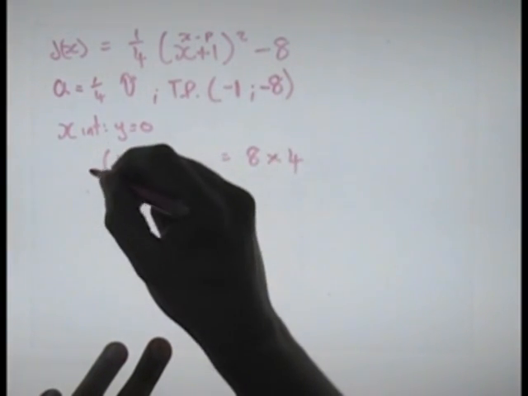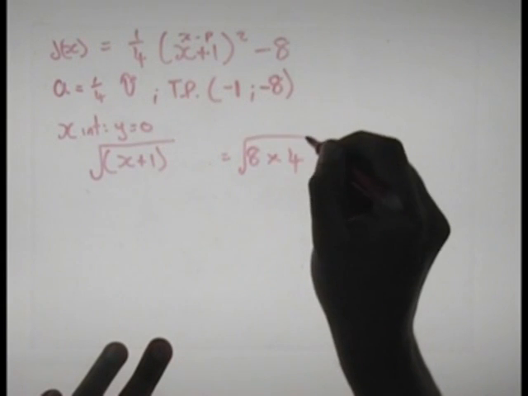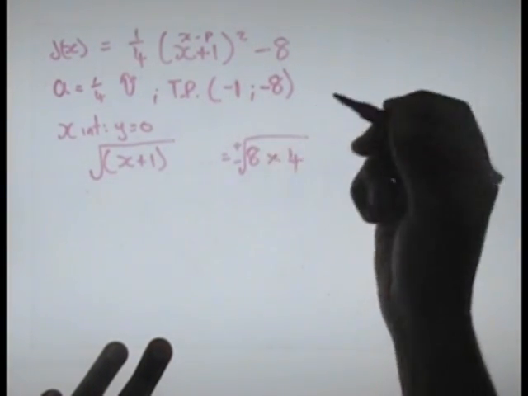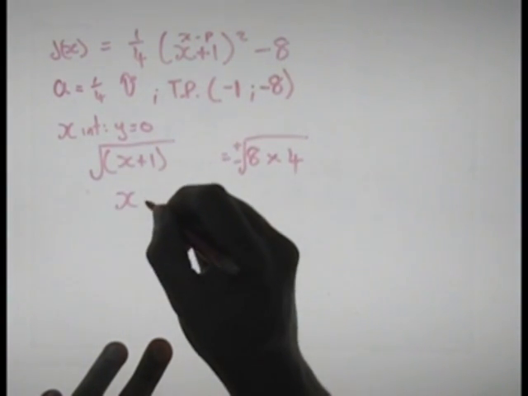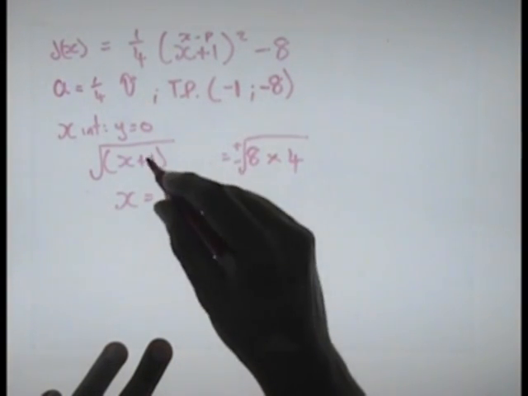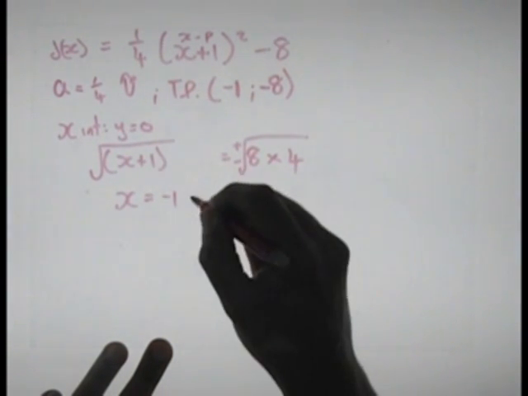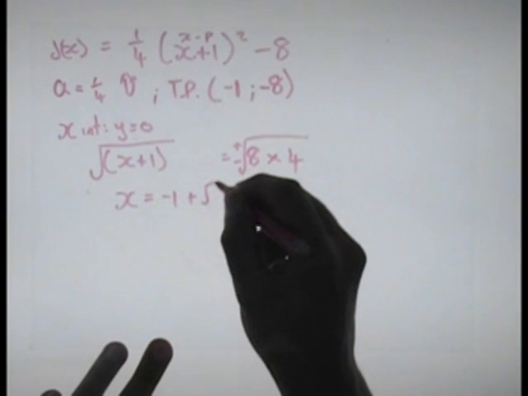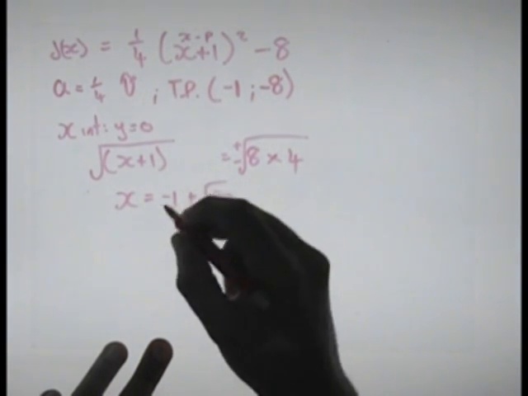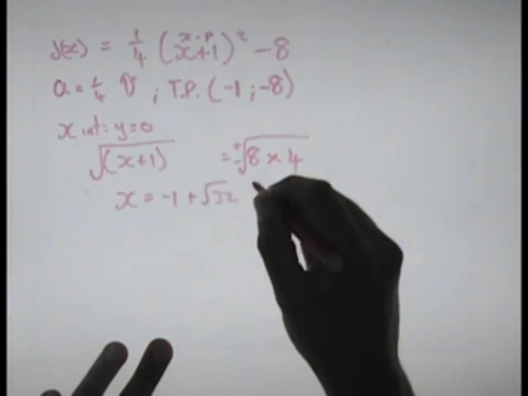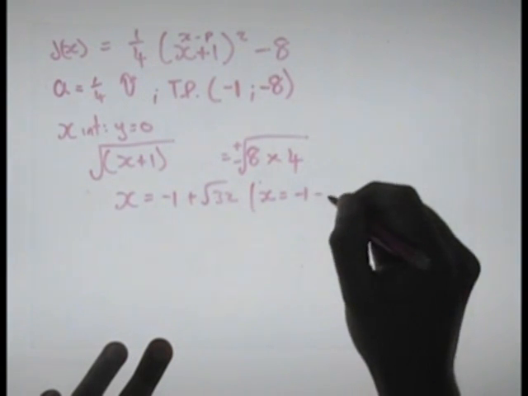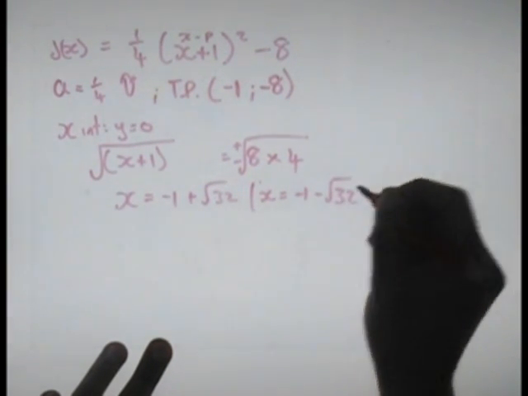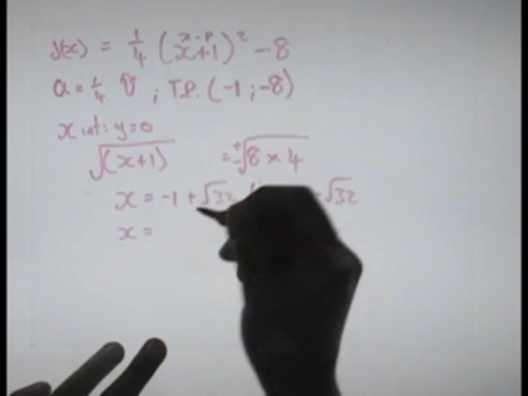To get rid of the squared, we square root it, positive, negative. That means that my two values are x is equal to, take the 1 across, negative 1 plus root 32, or negative 1 minus root 32.